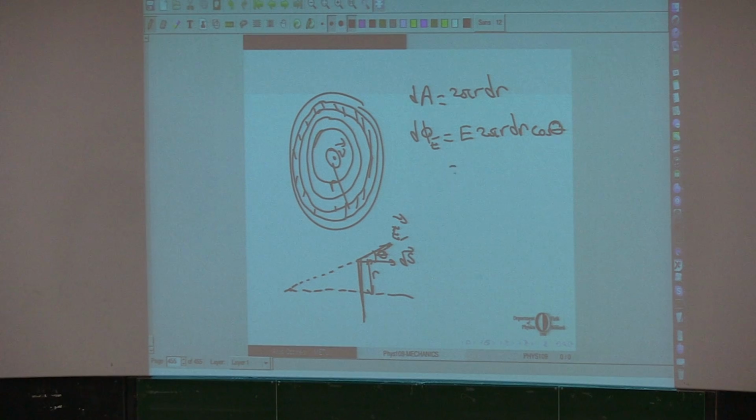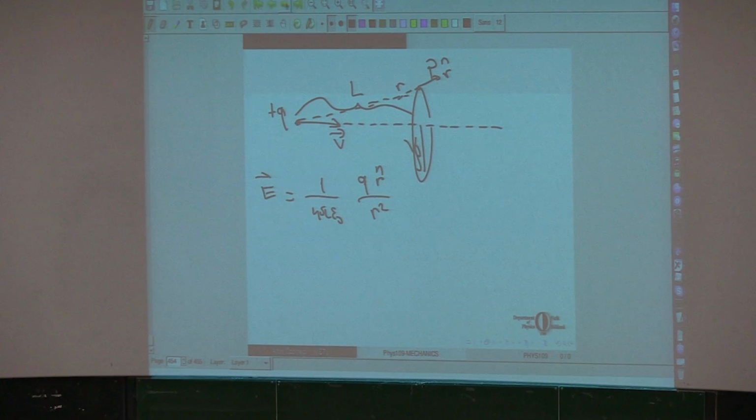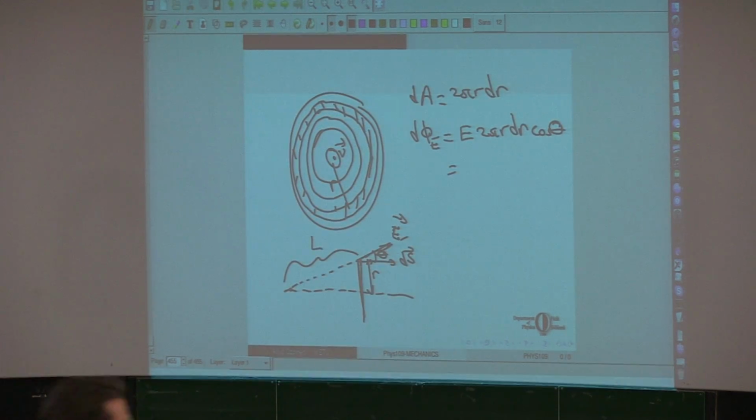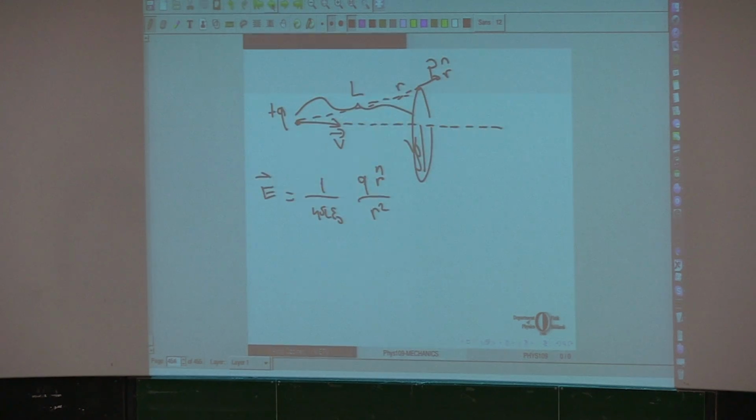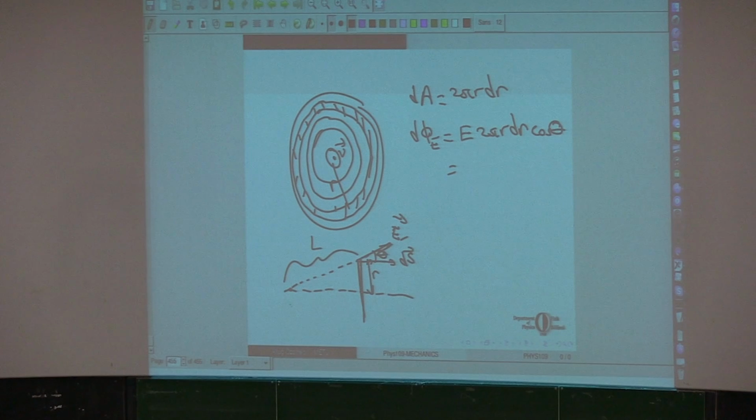Now, this is equal to, now the magnitude of the electric field at this point is, let's say this is my, what did we call it, L? No, hold on. Okay, the L is the whole thing. Okay, this is L. Let us call this one large D. I don't want to use small d. Small d I'm using over here.